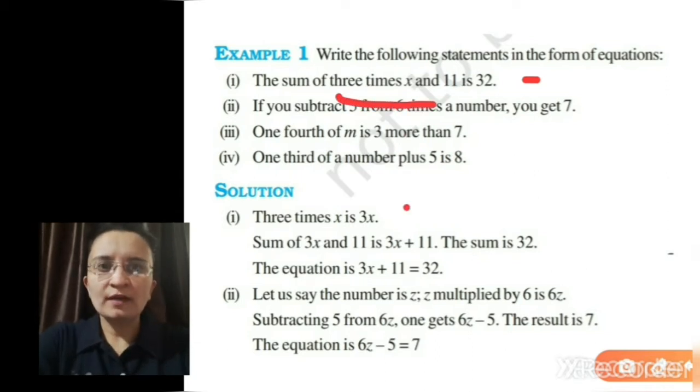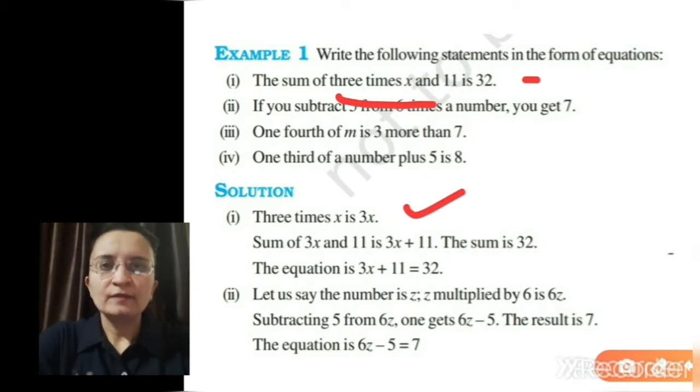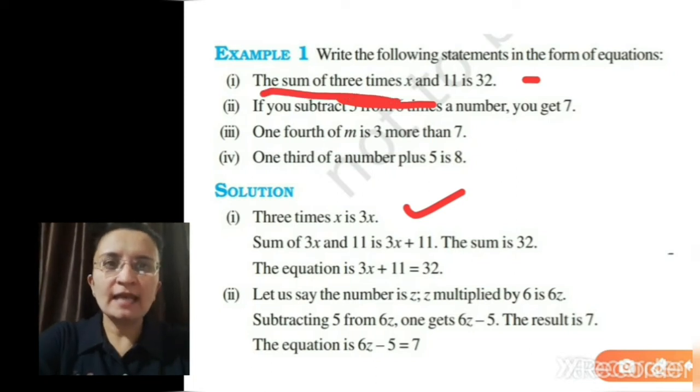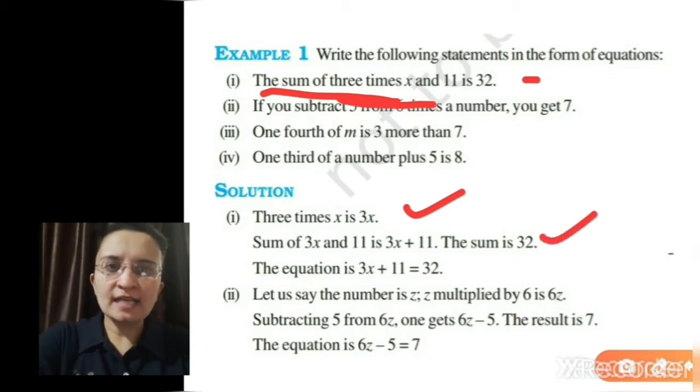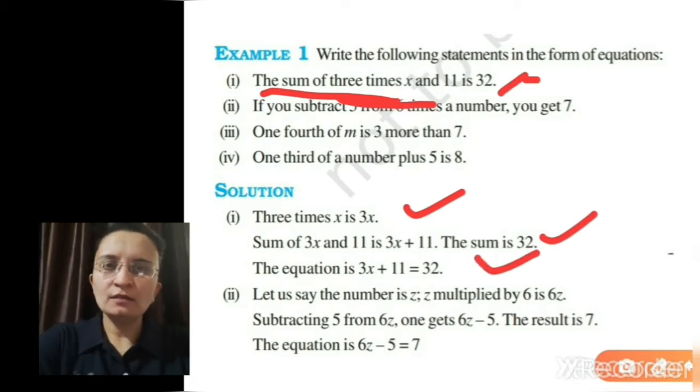So we will write 3 times x is 3x. Then take the statement, the sum of 3 times x and 11, that is 3x plus 11. And what is the answer? 32. So what will be the equation? The equation will be 3x plus 11 equals to 32.